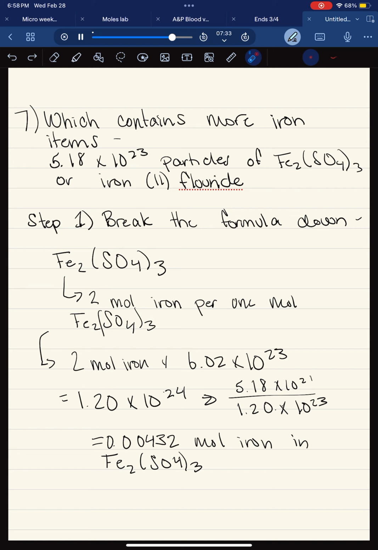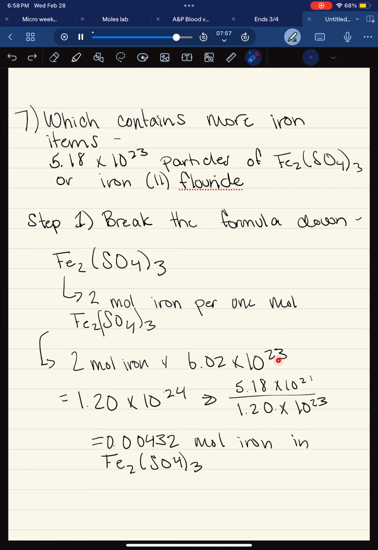We know that there are 2 moles of iron per 1 mole of our substance here, and then our 2 moles of iron times this is our atomic mass. So we're going to multiply, so this is how we calculate into moles.